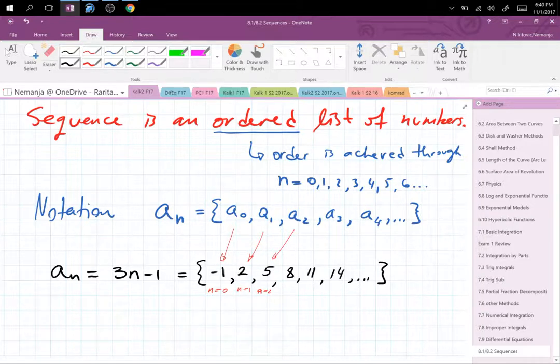When I walk in, I go 1, 2, 3, 4, 5. I'm not going to go 1, 2, 3 pi. These are discrete chunks, so we move in units of 1.